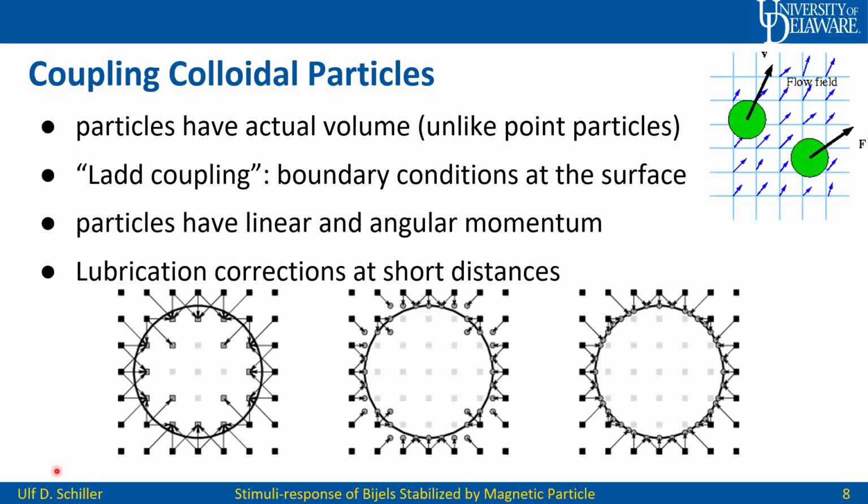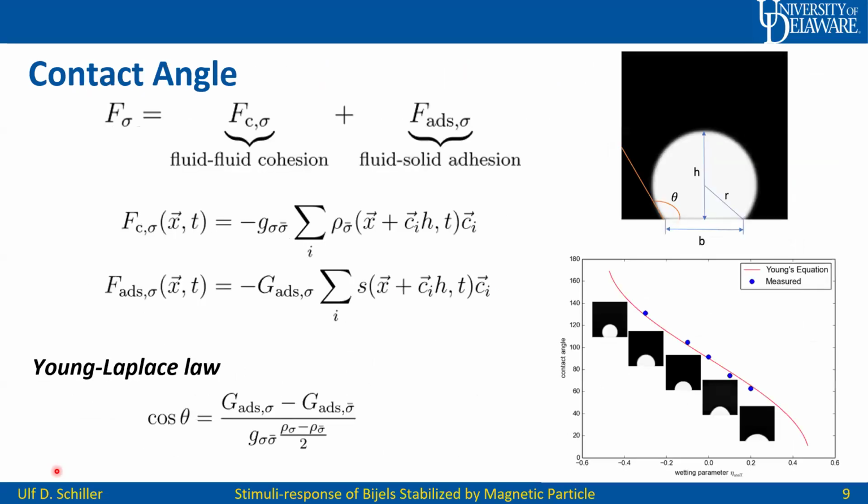We also include lubrication corrections at short distances, so when the particles are fairly close, the hydrodynamics might break down, and you need to correct for that. We have all those interactions in there, including the contact angle, although in the results that I'll be showing, we have used a contact angle of 90 degrees throughout.